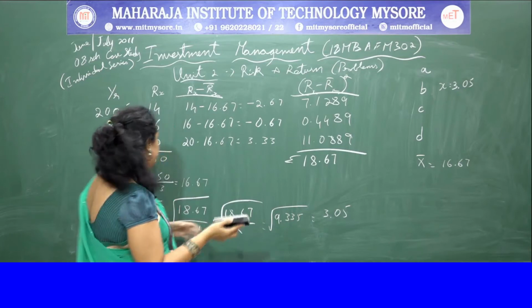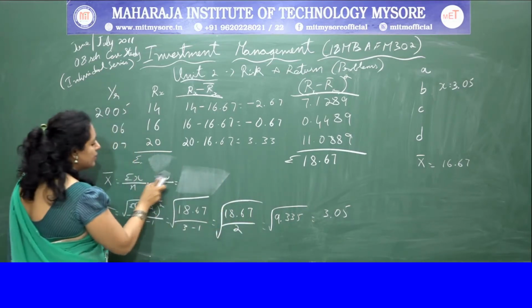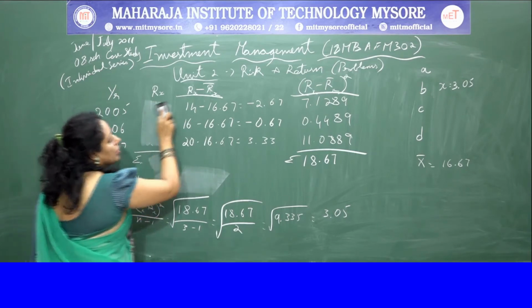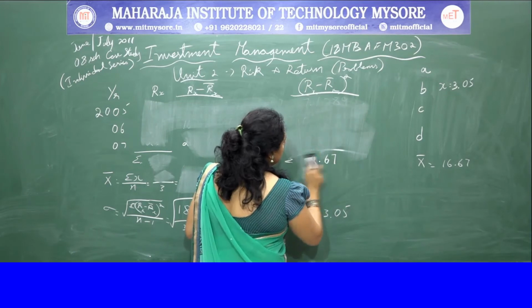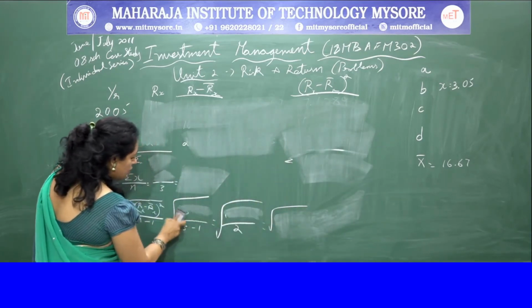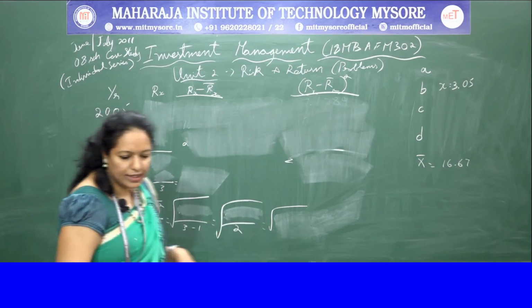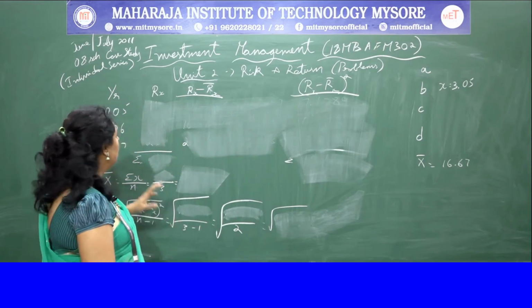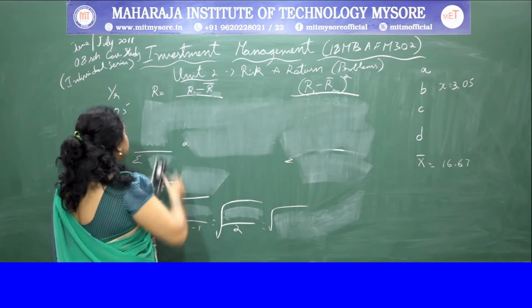Later on, we'll take the data. The same thing, I'll just rub only the numericals. Now I'll write the data for Y.